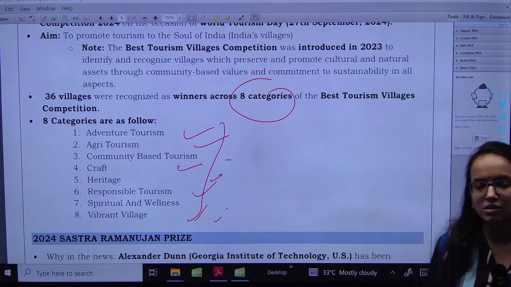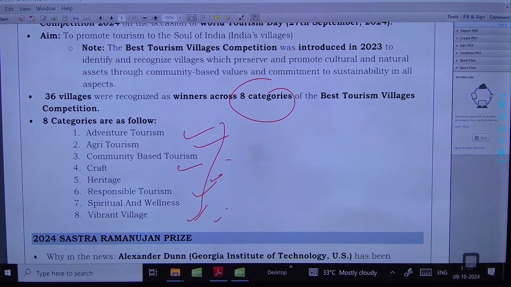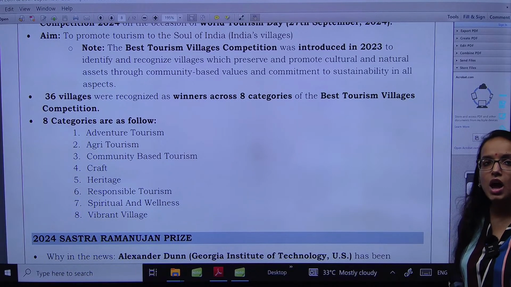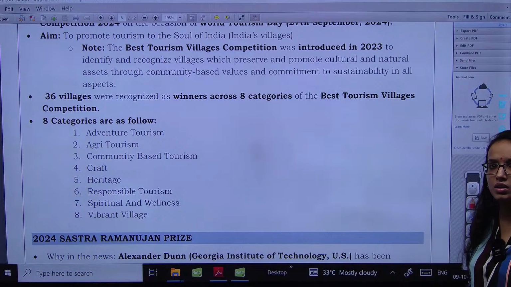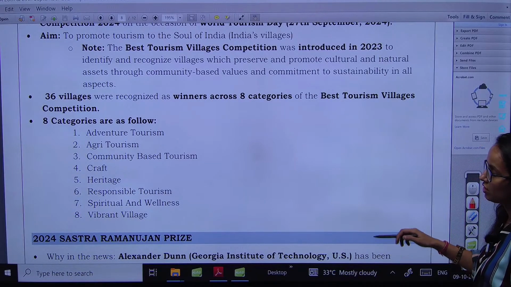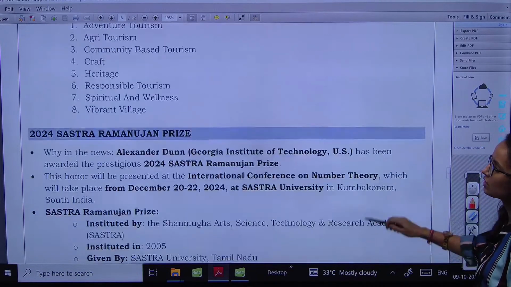These are the broad 8 categories. Please remember the names of all of them. They can ask you which among the following is not among the 8 categories recently announced under the Best Tourism Village competition. So this is the news.